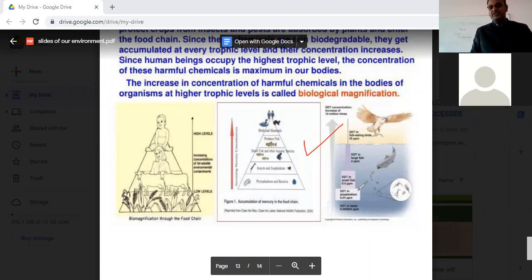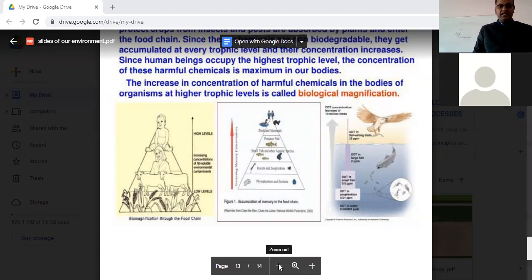When they are consumed by the small fishes, it goes on increasing. When it is consumed by the larger fishes, it is still increasing, and ultimately at the top level it is maximum. So here we have seen three examples of biomagnification, the increase in the concentration of the harmful chemical along the successive trophic levels of the food chain.